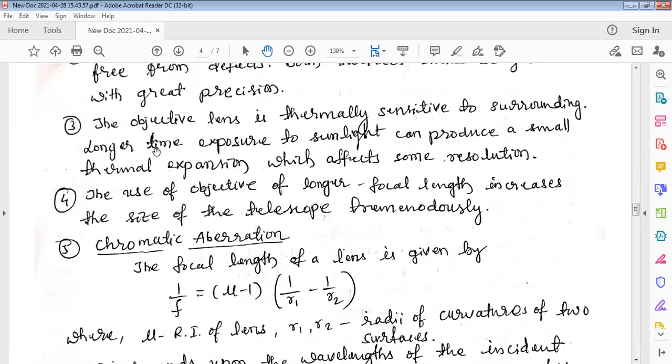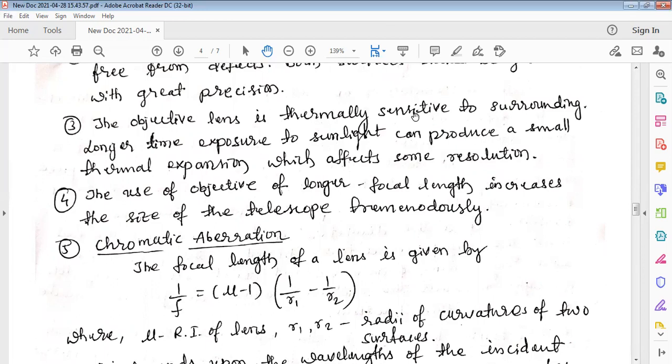The third problem is that the objective lens is thermally sensitive to the surroundings. That means when it is exposed for a longer time to sunlight, it can produce a small thermal expansion which affects the resolution or alignment. Generally, telescopes are kept in an open space or on top of a tall building, where they are exposed to sunlight.